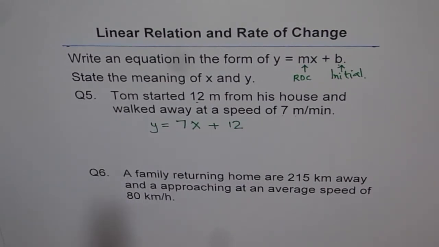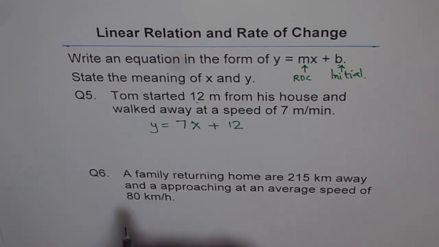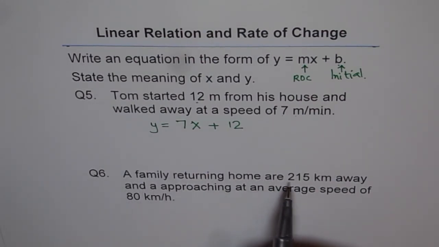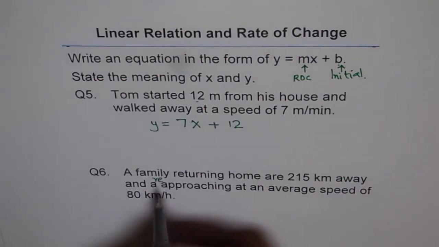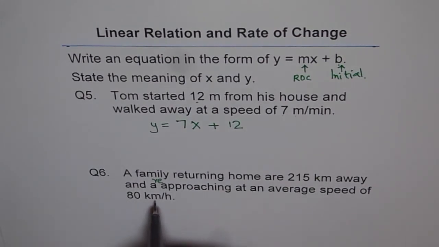Question 6. A family returning home are 215 meters away. So that is the initial position, 215 meters away. And they are approaching at an average speed of 80 kilometers per hour.